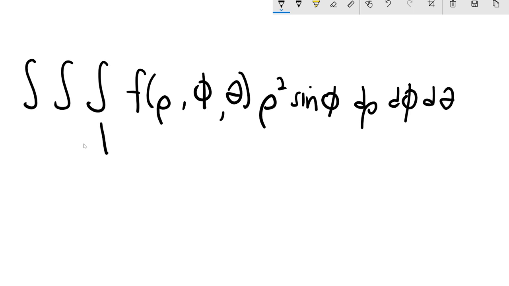Basically this one refers to rho, this one refers to phi, and this one refers to theta.